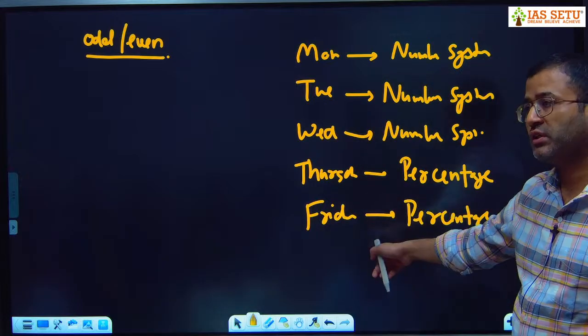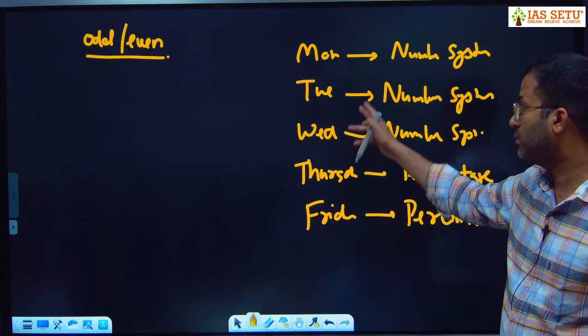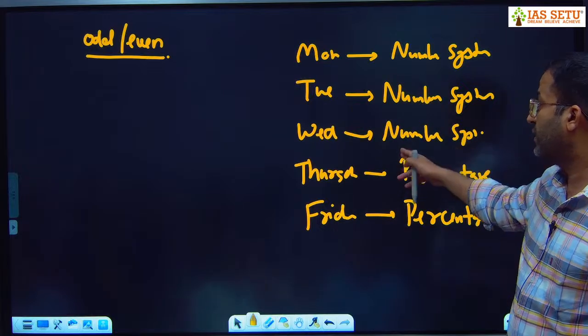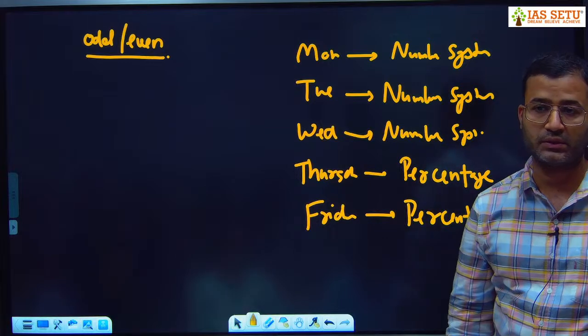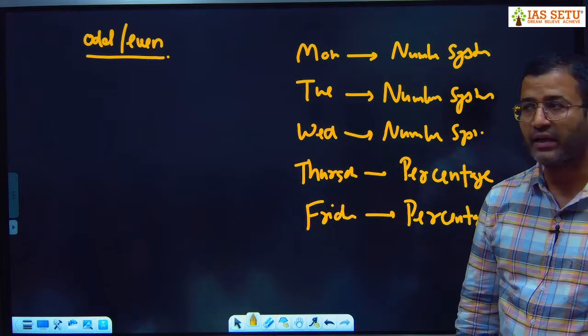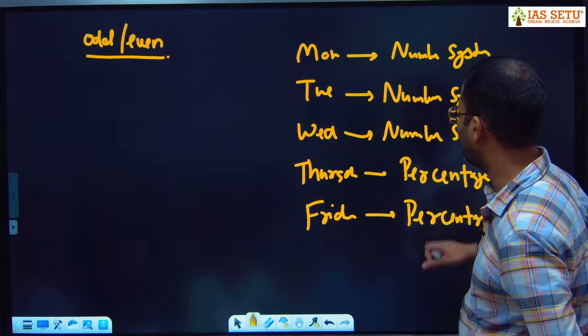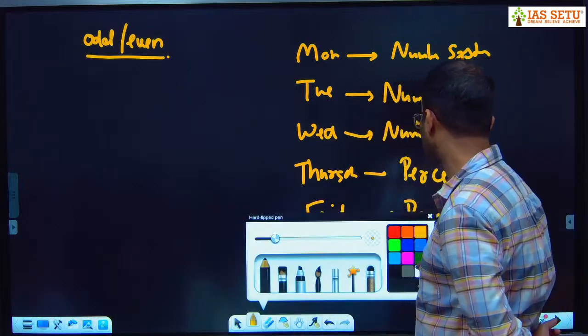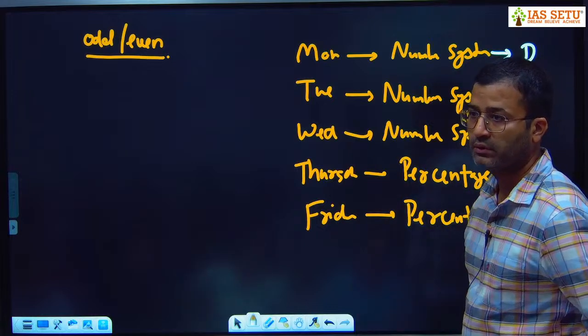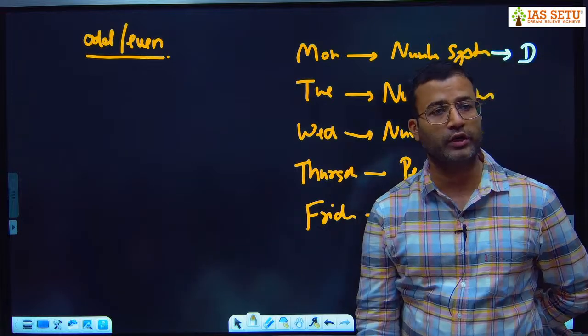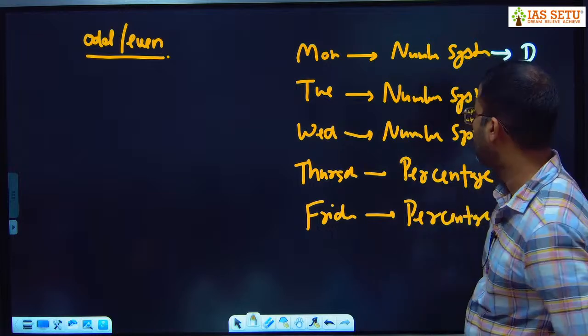इनकी 5 दिन क्लास ले रहा हूँ, कविता को भी बता देना। मंडे से लेके फ्राइडे, मंडे ट्यूसडे वेडनेसडे नंबर सिस्टम, थर्सडे फ्राइडे परसेंटेज। I can give a rough idea what is my plan for next week for number system, but not fix. Here we will do divisibility rule, divisibility of 2, 4, 8, ठीक है, divisibility rule.